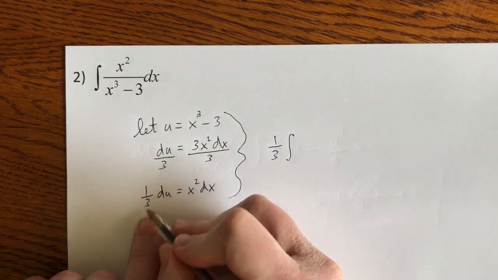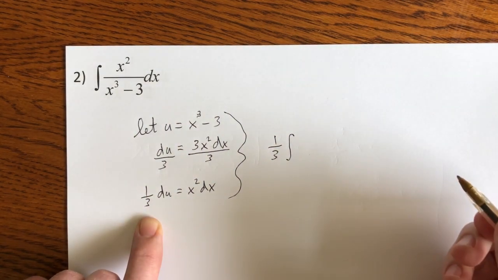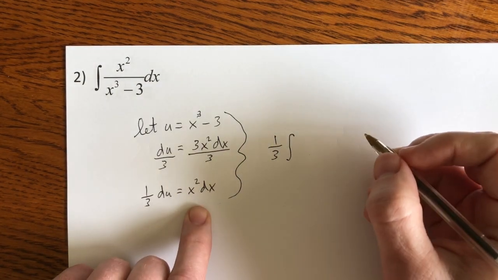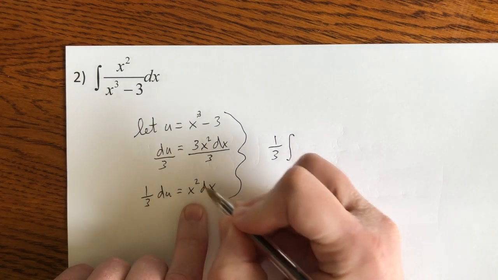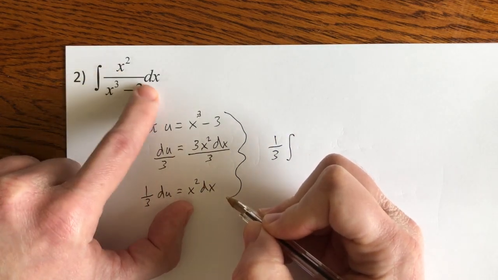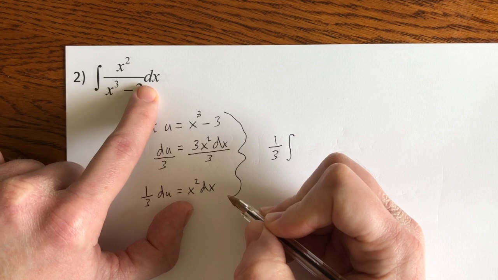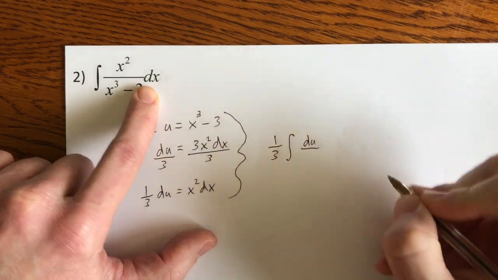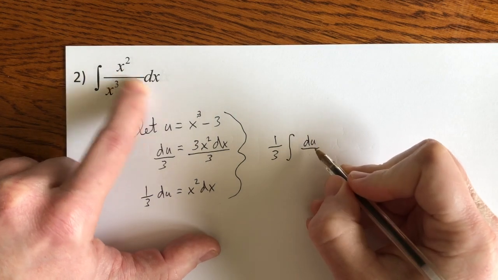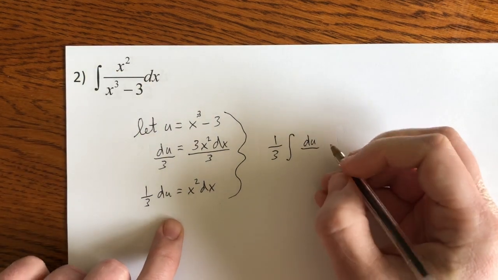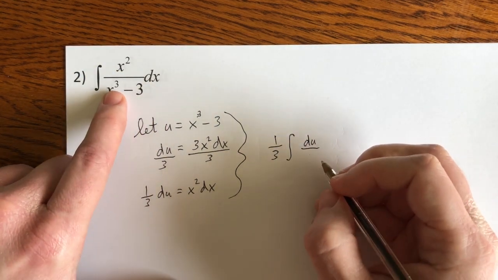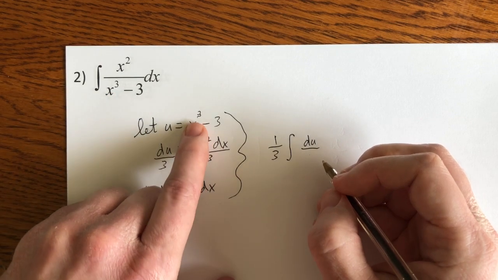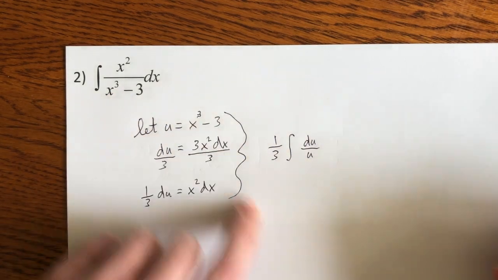You're going to do that every single time. Now, what do we have? Well, x squared dx is really in the numerator. So we're going to write du in the numerator. And in the denominator, we had x cubed minus 3. Well, x cubed minus 3 is just u.